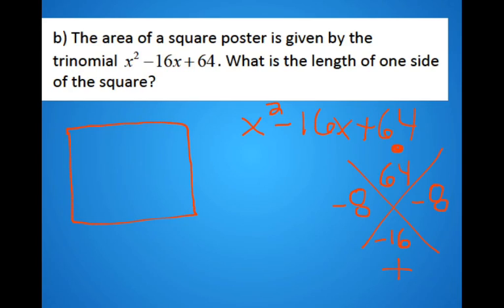So -8 and -8. So we go right to our double bubble. X minus 8, x minus 8. So the length of one side of the square is x minus 8. That's it. 9-minute quick video on how to factor trinomials.